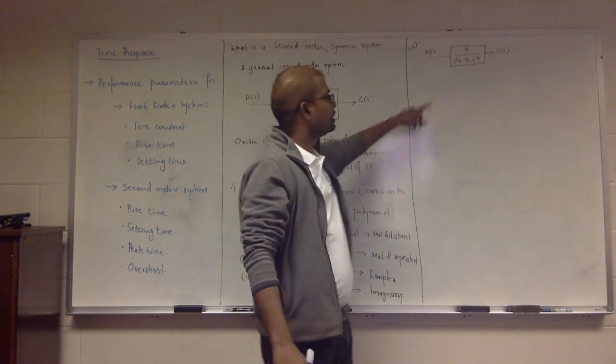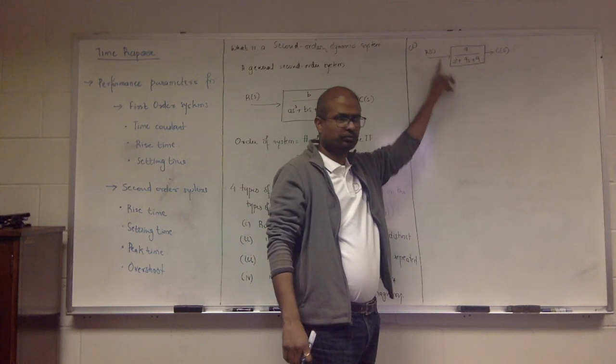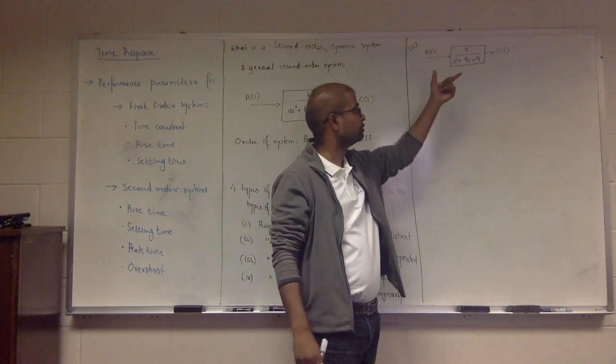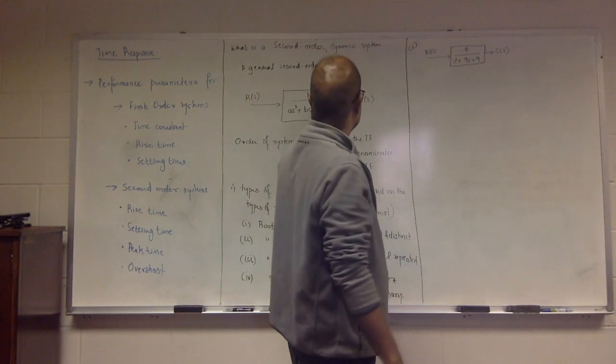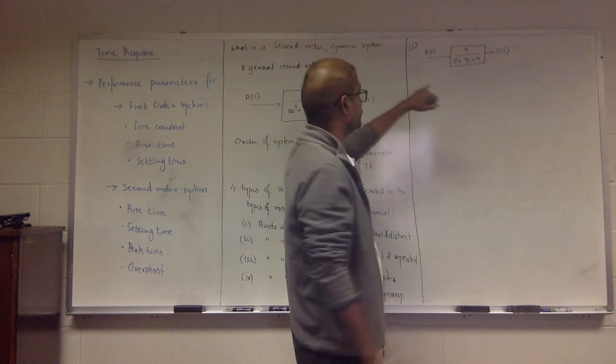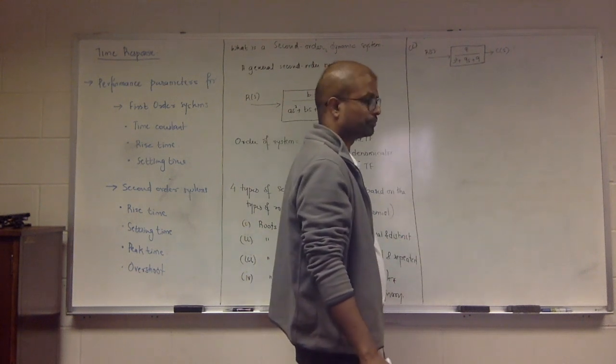So can you see this as a second order system? Why so? Power 2, right? So if you correlate the denominator power 2, what kind of roots are those? It's a quadratic equation, right?